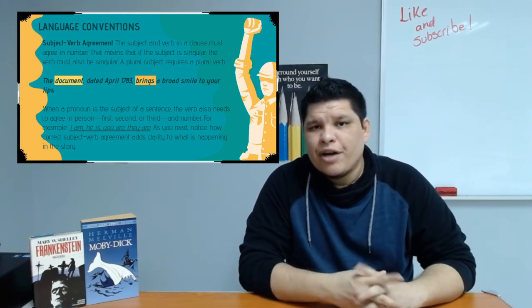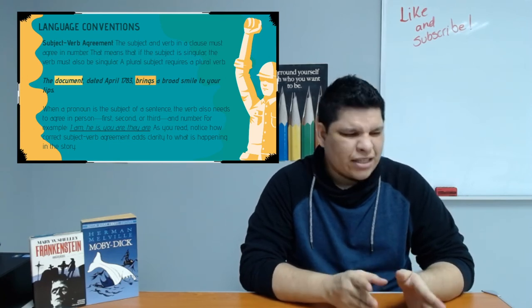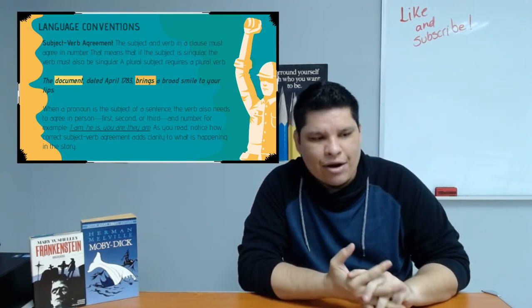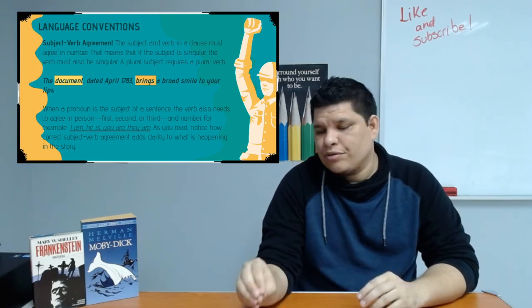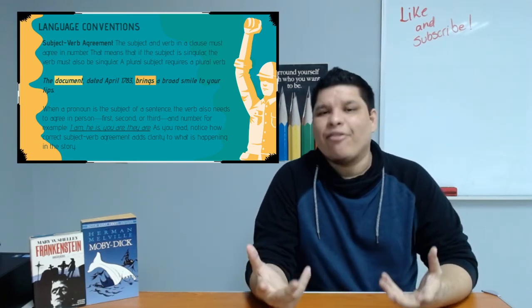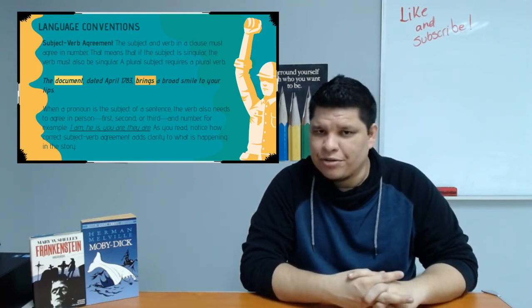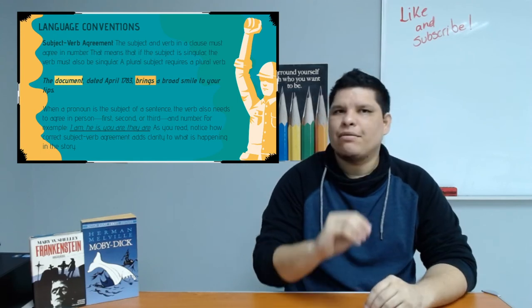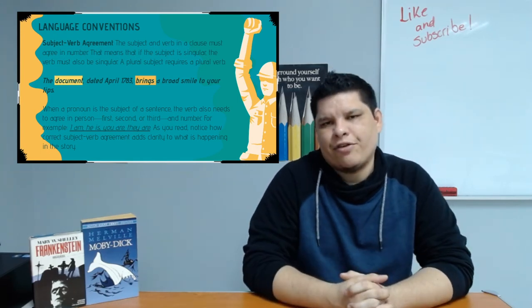While we read the story, we have to notice how correct subject-verb agreement adds clarity to what is happening in the story. Because if you don't have subject-verb agreement, it will be really difficult to understand. You would be getting lost if we didn't find the correct verb agreement in the story.